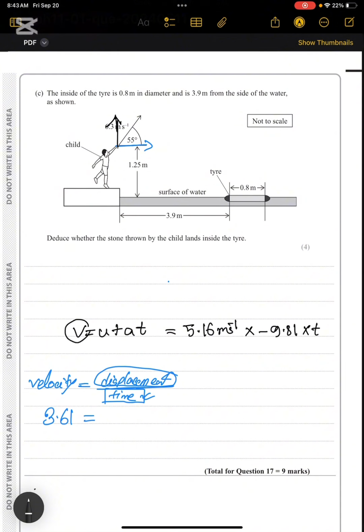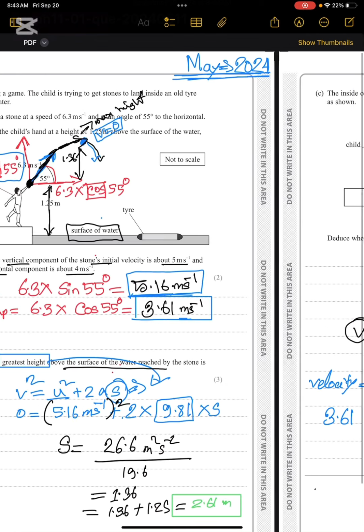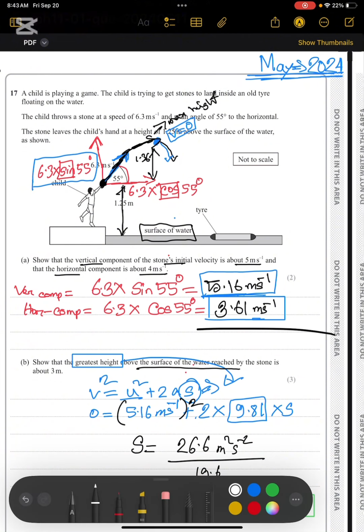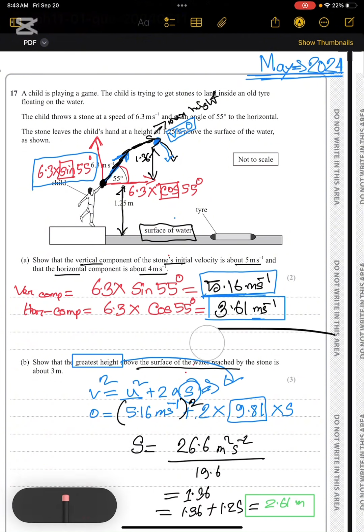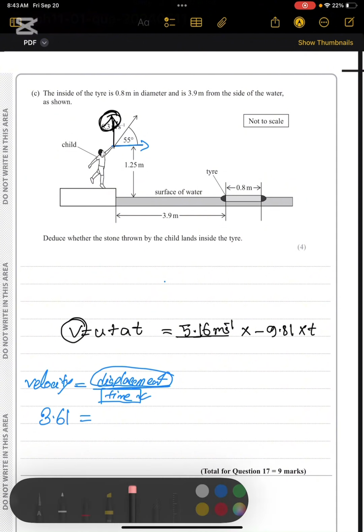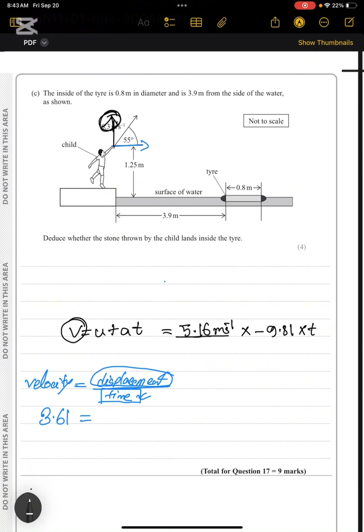But we don't know the final velocity of the vertical motion. We know the initial velocity, which we found here, 5.16, but we don't know the final velocity of the vertical component. So let's find it.